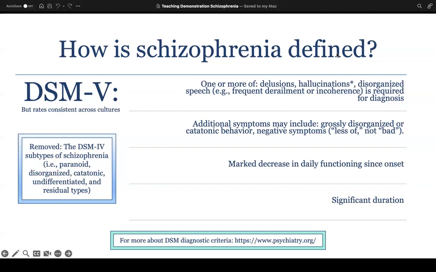So anyway, there is a lot more to the criteria than what is on this slide, but this is the general set of ideas. So there's a very important part to this, which is that there needs to be a marked decrease in daily functioning since onset.